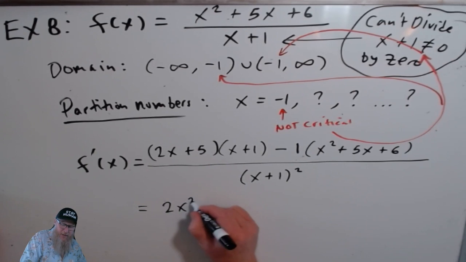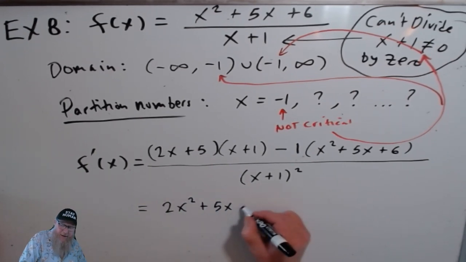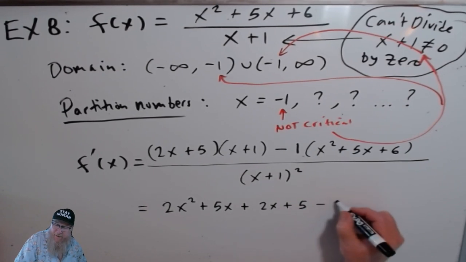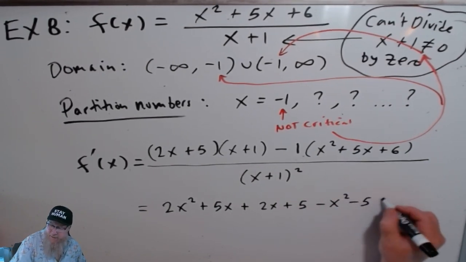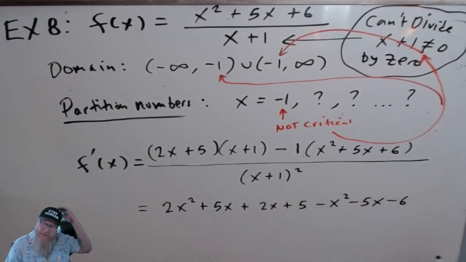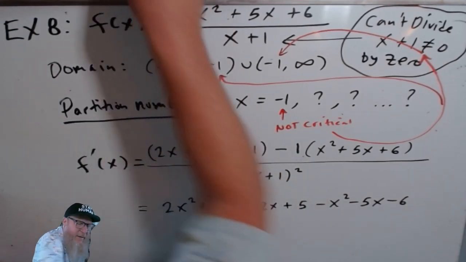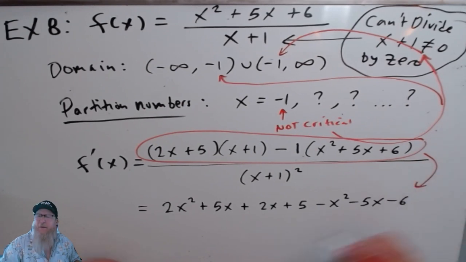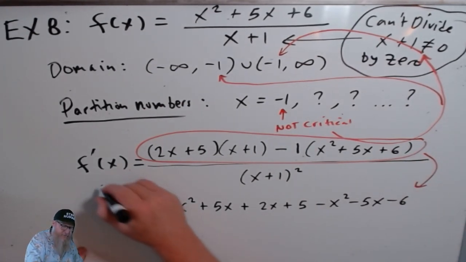That's going to be 2x squared plus 5x plus 2x plus 5 minus x squared minus 5x minus 6. That's just the top. And then we're going to set it equal to 0.